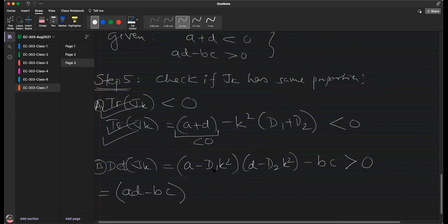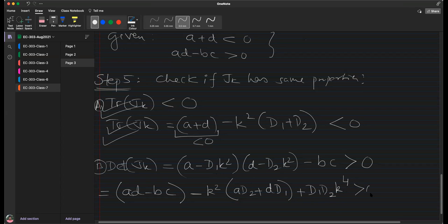AD minus BC, this term, and then you have this multiplied by this and this multiplied by this. They both come with a negative sign, and they both have this K square, and then you have AD2 plus DD1. Then you have the product of these two, which is D1 D2 K power 4.